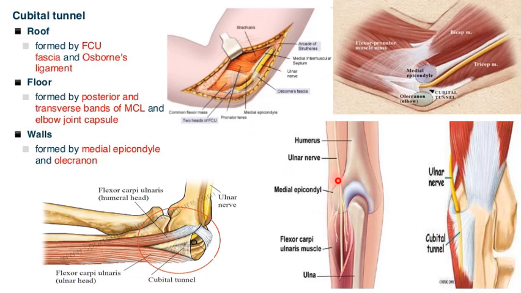Here you can see the ulnar nerve descending just behind the medial epicondyle and the posterior aspect of the olecranon process, coursing between the two heads, which are joined by a fibrous sheath that forms the cubital tunnel, into which the ulnar nerve descends as it enters the front of the forearm.